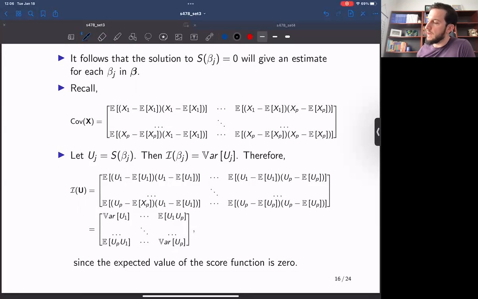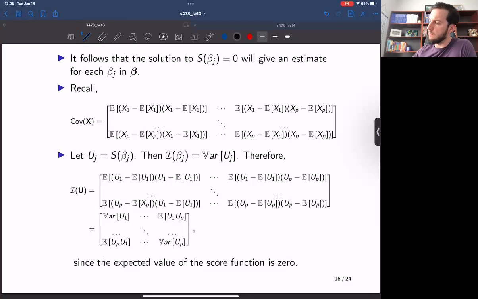We know that, in terms of the off diagonal elements, the expected value of u1 squared and the expected value of uj squared is equal to 0. I think we either showed that in lecture set 2, or I was leaving that as an exercise. Either way, we can show that the expected value of the square of the score is equal to 0.